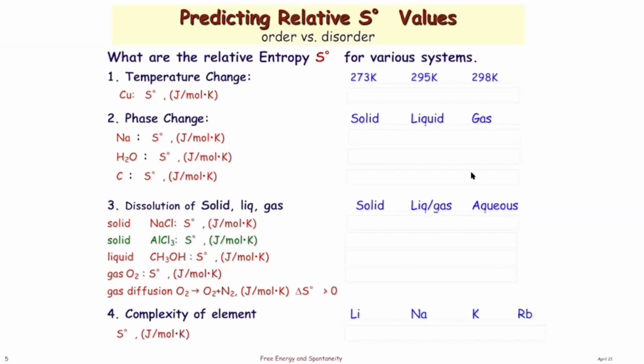Which one has higher entropy, a solid or a liquid? The liquid, because liquids are not confined to the XYZ plane anymore. Yes, it's vibrating in the XYZ plane as a solid, but now as a liquid, they're tumbling. They're free from each other. And then gas, they're totally separated. So the gas is going to have a much greater entropy than a liquid, and a liquid will have a greater entropy than a solid.